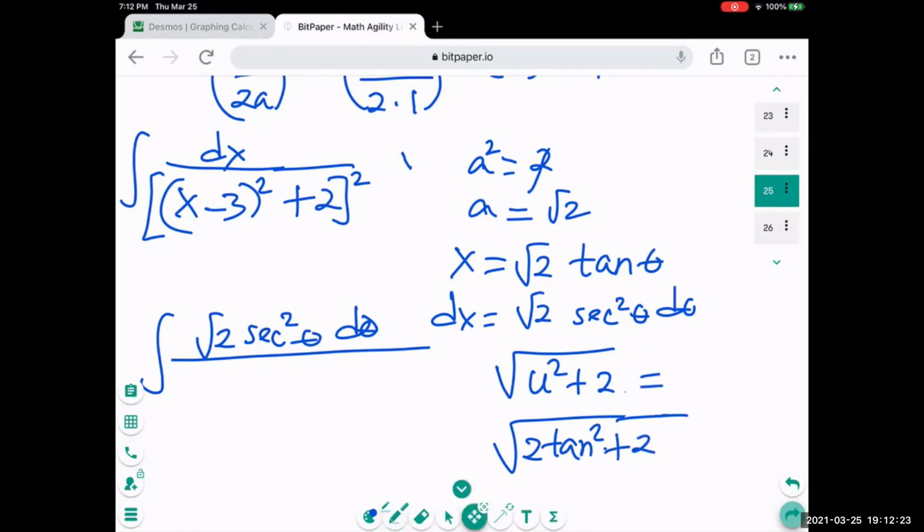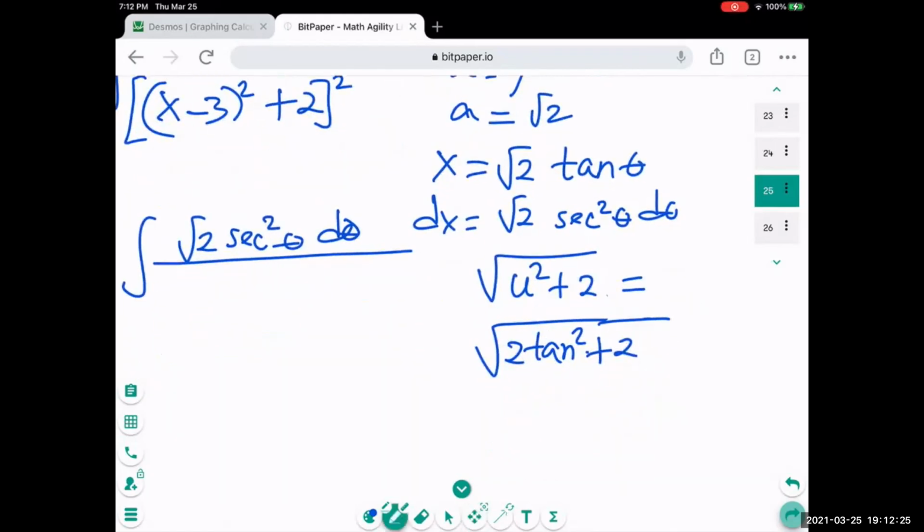And this is equal to our Pythagorean identity, which is secant squared. So we're taking out the 2, and then there is still tangent squared theta plus 1. So that's equivalent to secant squared theta, right?